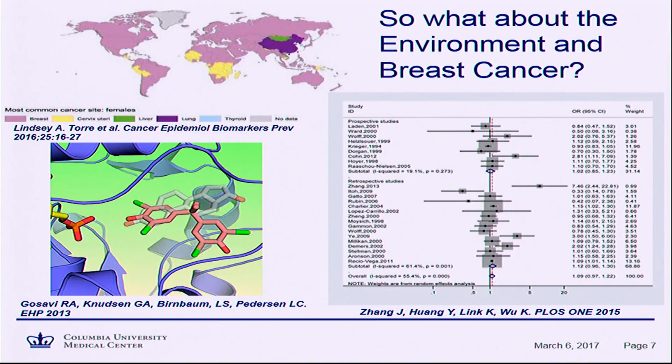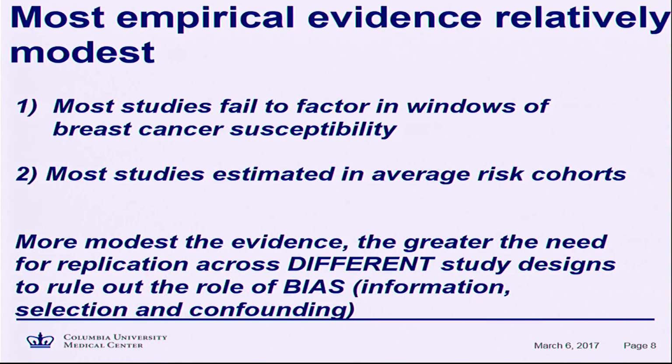So what I would argue is some of what's going on is that these past studies haven't really factored in the time of life when the breast is developing and more susceptible to carcinogen. And in particular, what I'll just show you today is this fact that most cohorts, when they sample for average risk, do not have enough power to detect interactions at the tail or for the very high risk.